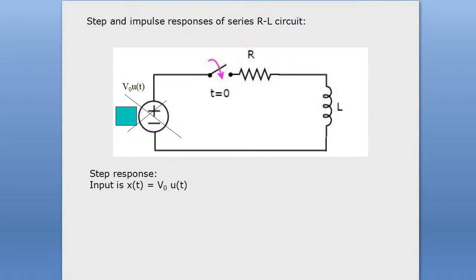This circuit is a very simple circuit, a series RL circuit, and you know the differential equation for this circuit. If you consider the switch is closed at t equal to 0, let me write here.